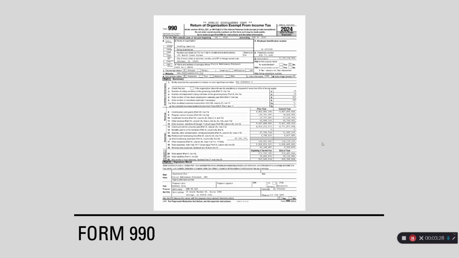The 990 form must be publicly posted by the organization every year. It provides the government details on Feeding America's mission statement, revenue, expenses, executive compensation, and governance, to ensure it still qualifies for the tax exemption. Board members should know that this 990 report is absolutely vital for maintaining their tax exemption.